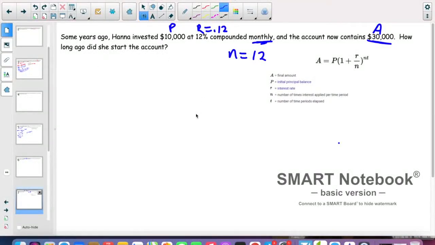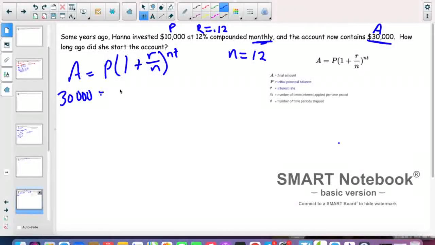How long ago did she start the account? So if we use the formula, A equals P times 1 plus R over N to the NT. A is 30,000 equals P, our initial amount, 10,000, times 1 plus R is 0.12 over N is 12.